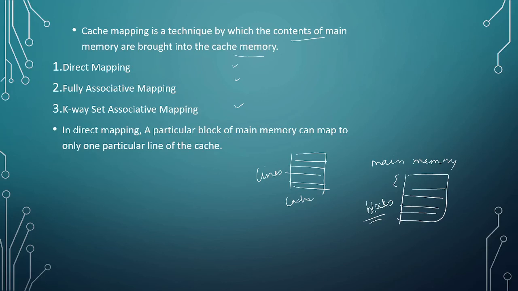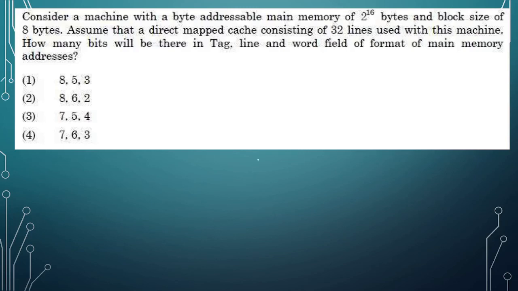So going back to our question, the main memory is 2 raised to 16 bytes. So main memory के लिए कितना bits लग रहा है represent करने के लिए? 16 bits. That is, the physical address bits are 16 bits. And the block size of 8 bytes they have given. So how many bits would be used to represent it? It would be 2 raised to 3, so 3 bits.